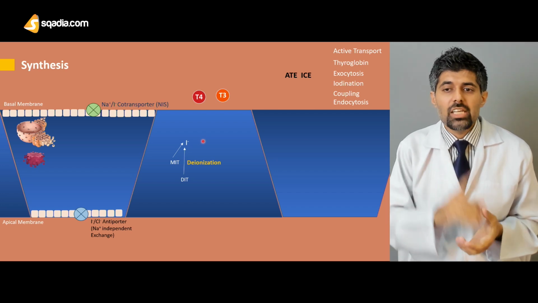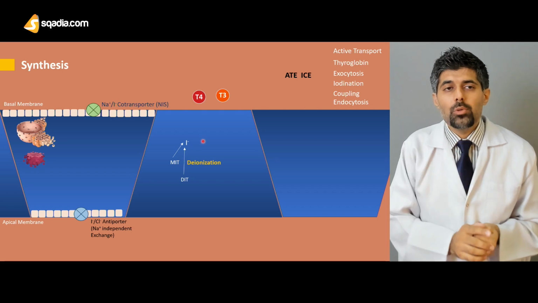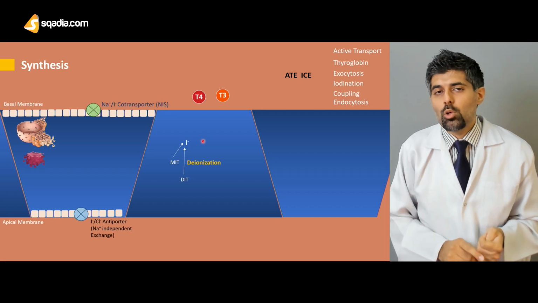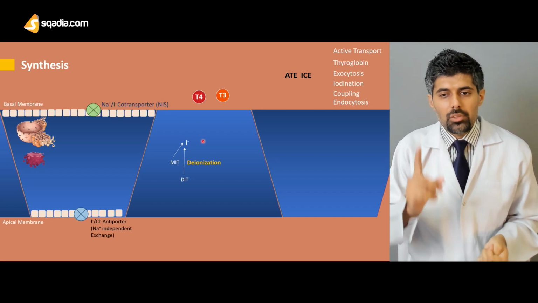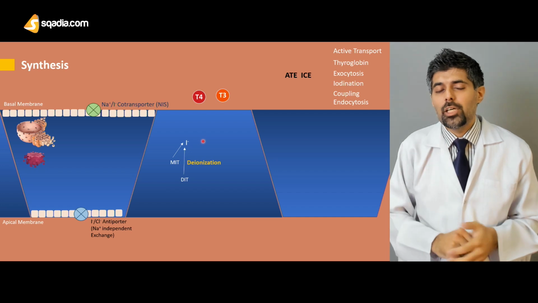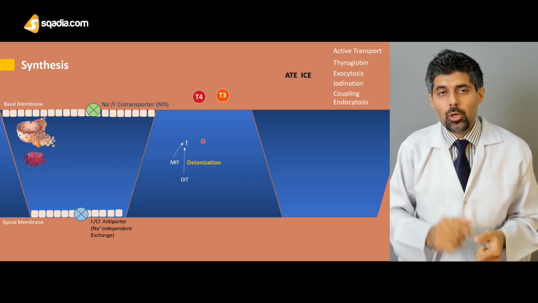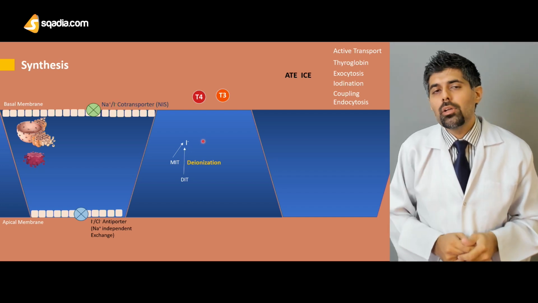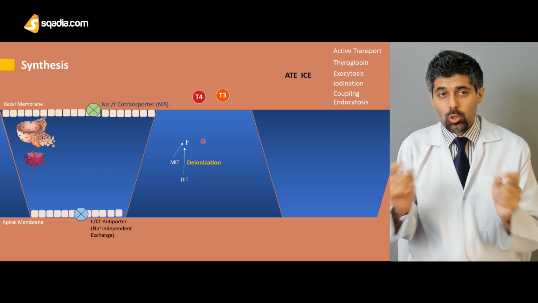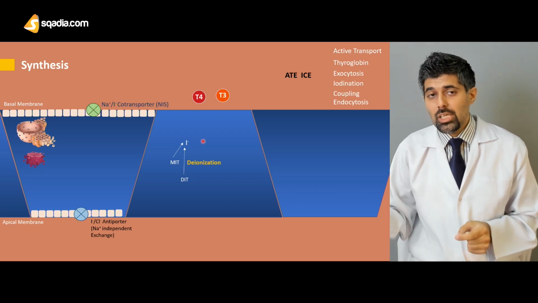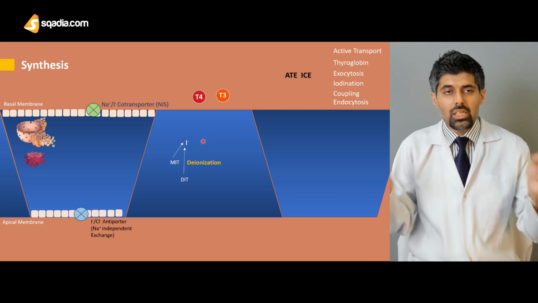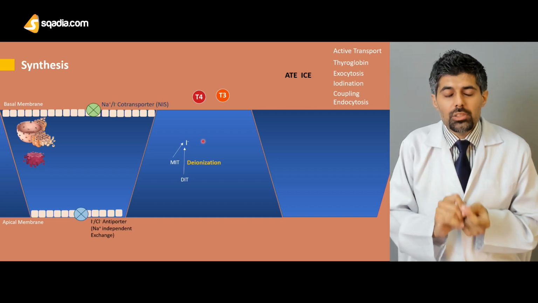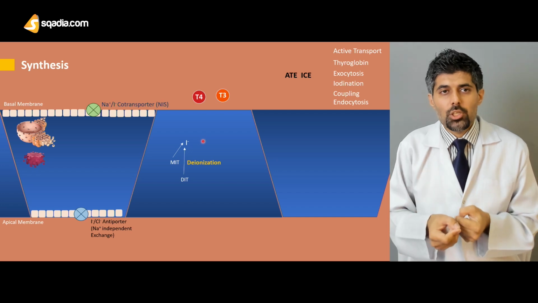The first one, the active transport of iodine into the follicle. The second, the formation of the thyroglobulin. The third one is the exocytosis of both the thyroglobulin and the thyroid peroxidase. The fourth one is the iodination. Because of the peroxidase, both the iodine and thyroglobulin start to react with each other, and because of that reaction, they start to couple with each other.